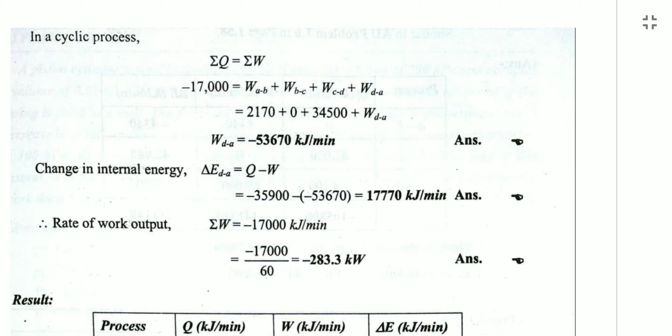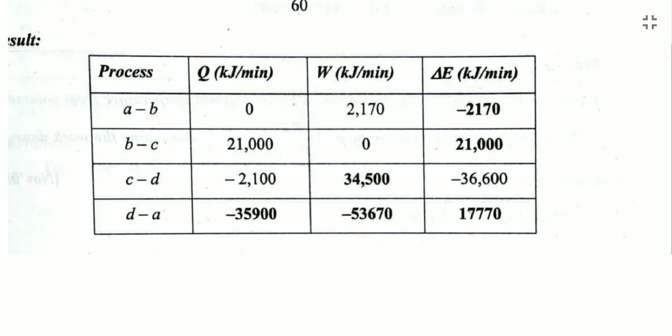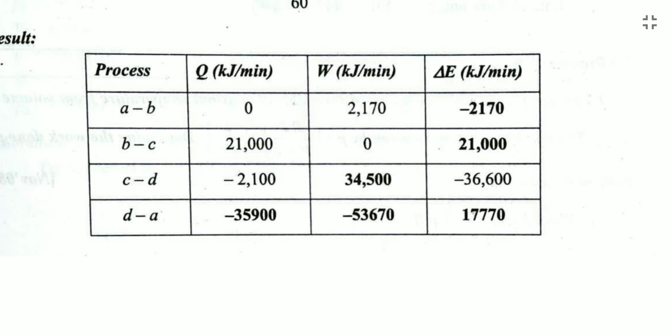To convert minutes into seconds, we multiply by 60 in the denominator. That's why we are dividing by 60. We got the value of the rate of work done, that means work done in kilojoule per second. So I filled all the unknown values in the table. That's all about this problem.